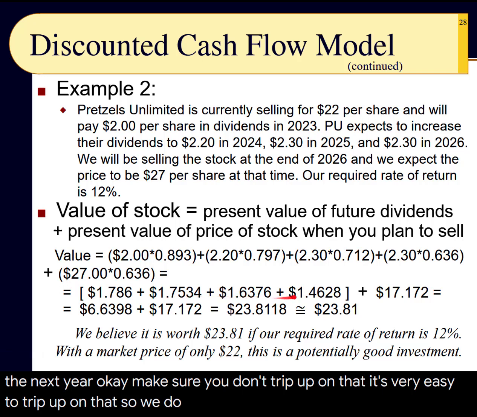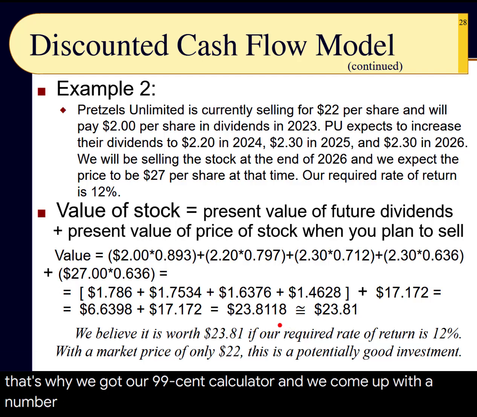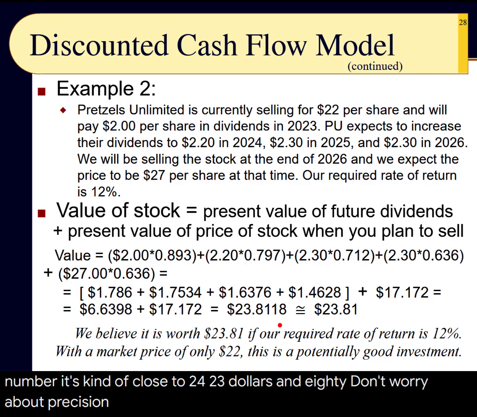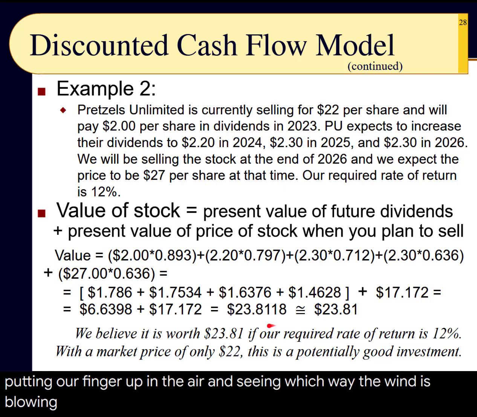So we do all those calculations. They're not hard, folks. That's why we got our 99-cent calculator. And we come up with a number kind of close to $23.81. Now, please don't worry about precision. We are trying our best not to be precise. We're simply putting our finger up in the air and seeing which way the wind is blowing.